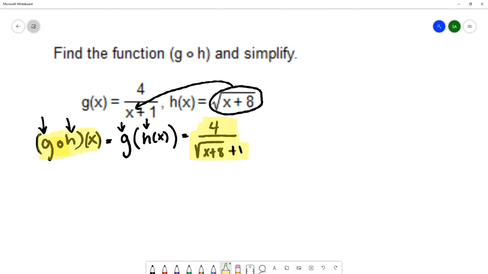So this format is correct. There is one other thing we could do to it. There's something called rationalizing the denominator, and that format would leave this fraction with no radical in the denominator, but it's not necessary in this simplification. We can leave it just like this.